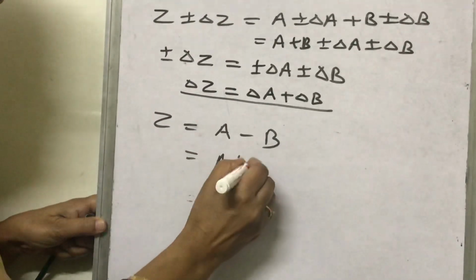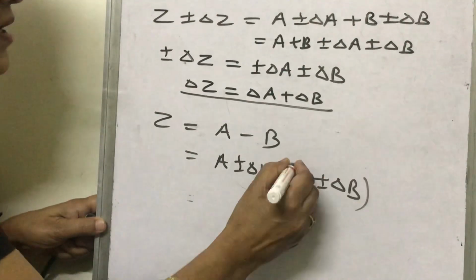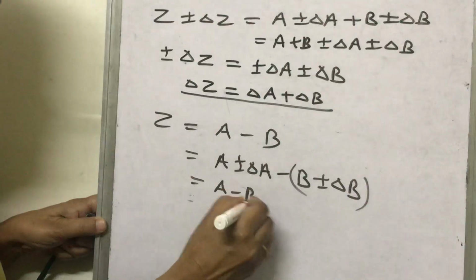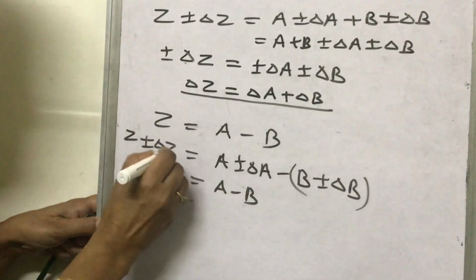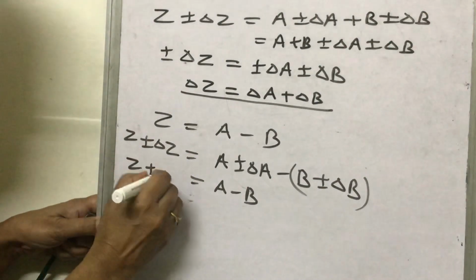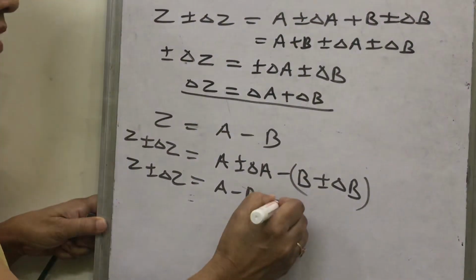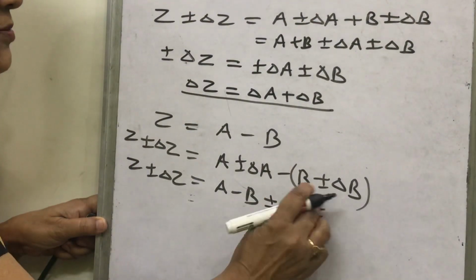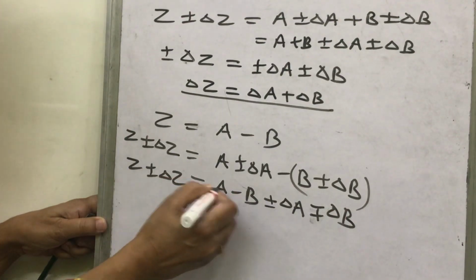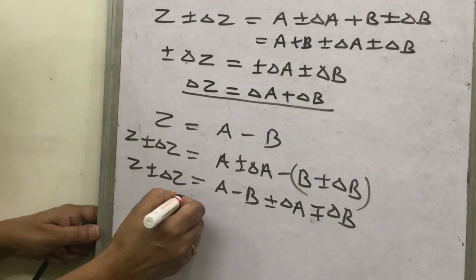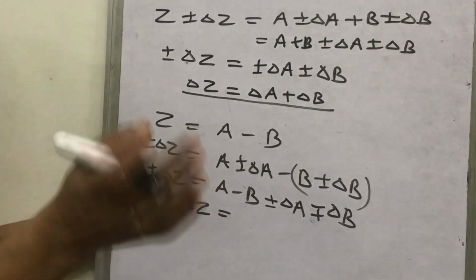A plus minus delta A minus B plus minus delta B. Then you will write A minus B, and Z plus minus delta Z. Then this is plus minus delta A, and plus minus delta B. Then again Z and A minus B will be cancelled, and what is left is delta Z equal to, you will not take the minus sign because errors are always added.